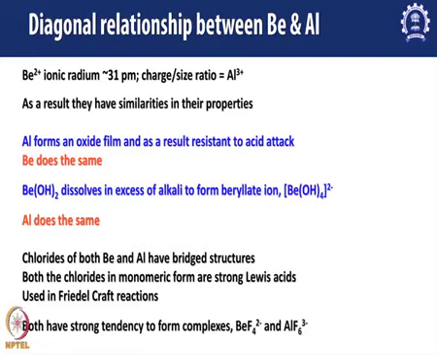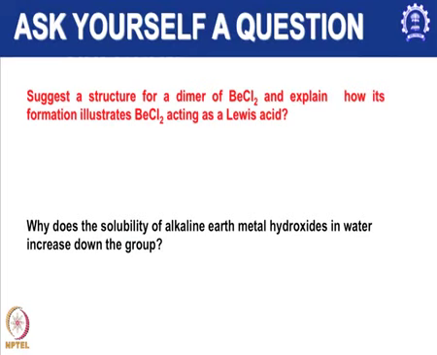Now, let us look at a few questions. Suggest a structure for the dimer of BeCl2 and explain how its formation illustrates BeCl2 acting as a Lewis acid. So, the question is that BeCl2 forms a dimer.